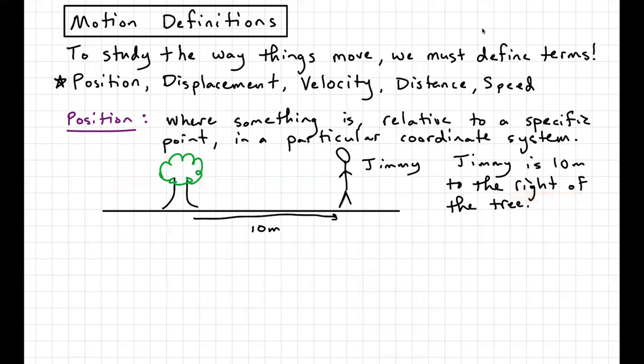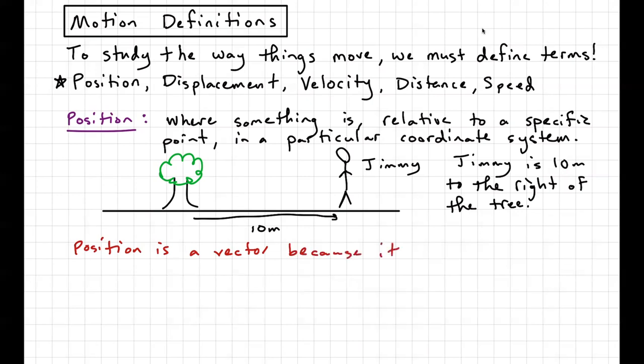So I've said not just how far Jimmy is from the tree, but also the direction that he is away from the tree, which is really important here because position is a vector quantity, which I'll write down. Position is a vector quantity, because it contains both a distance or a magnitude and a direction.